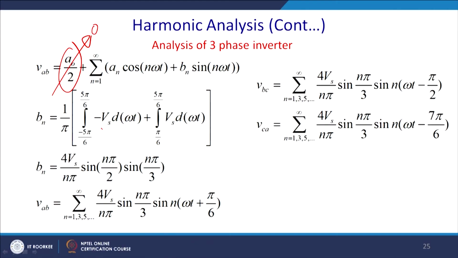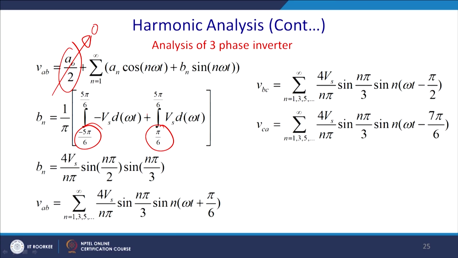And so, we can see one thing: from minus 5 pi by 6 to plus 5 pi by 6, the voltage for phase A is minus Vs. Thereafter till this value it is positive.